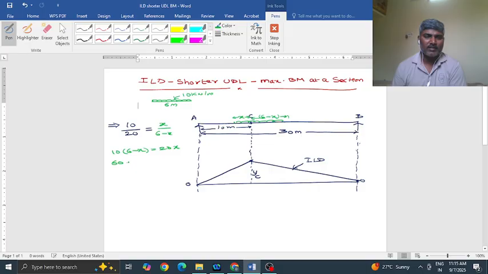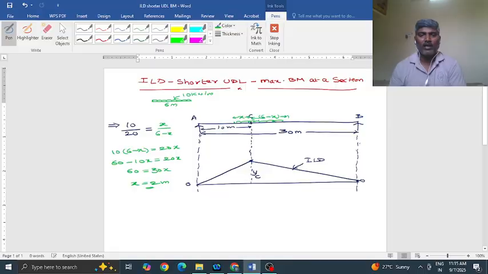Then 60 minus 10x equals 20x, so 60 equals 30x. So x will be 2 meters.